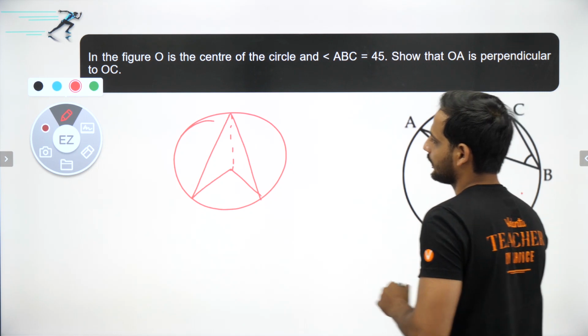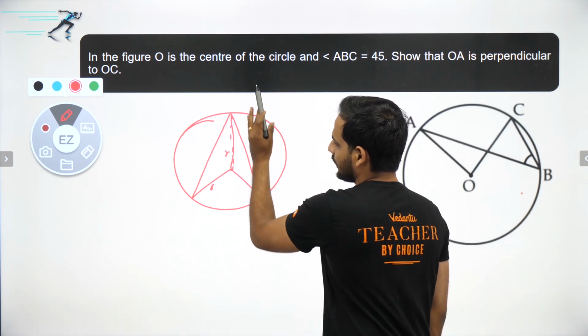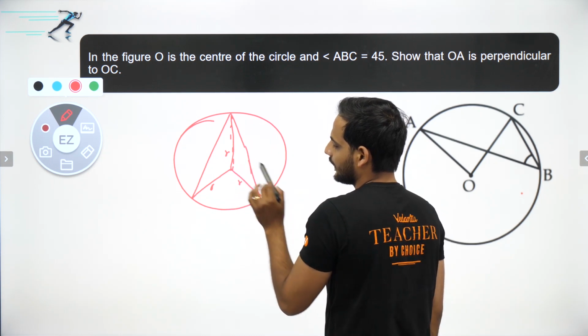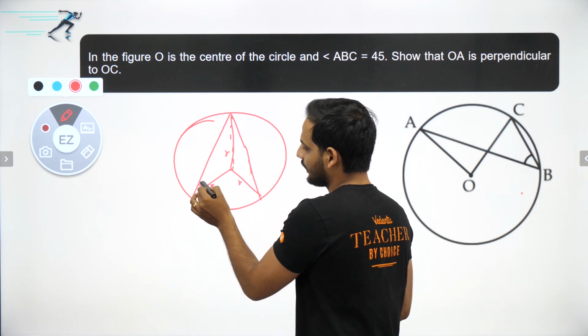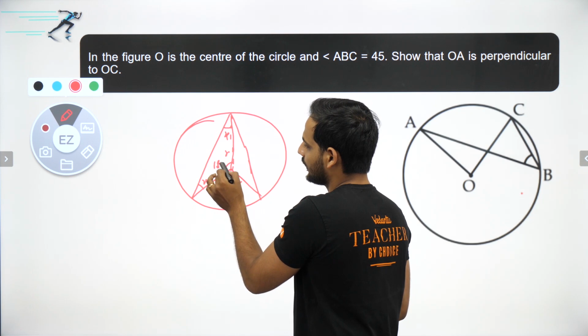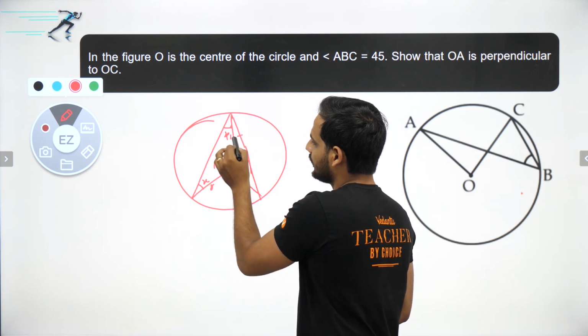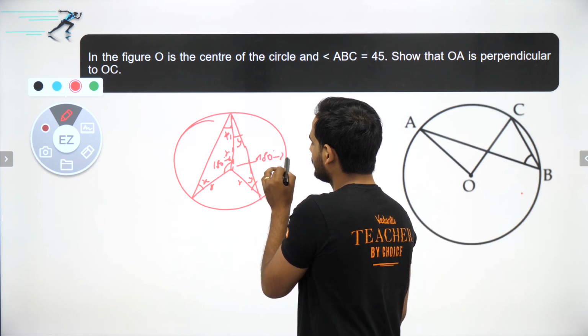Now what you can say is that this is your radius, this is your radius, this is your radius. Correct? So if this is an isosceles triangle, and let's say this is x, this will be 180 minus 2x. Similarly, let's say this angle is y, so this angle will be 180 minus 2y.